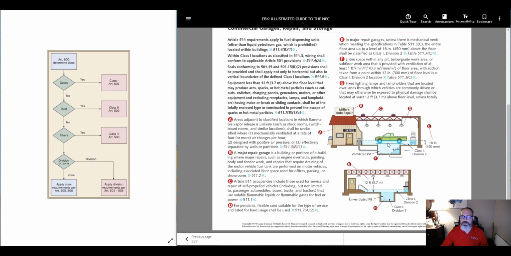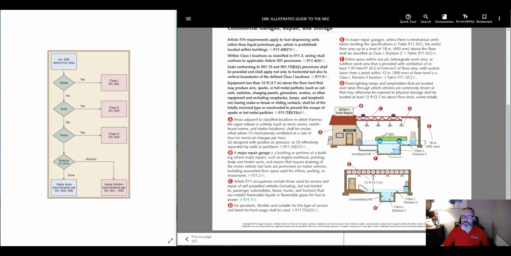And here goes this three-dimensional layer. Now, if it is an unventilated pit, that now becomes a Class 1 Division 1. And then above that pit, you would have a Class 1 Division 2. And so again, this is that concentric layer. Concentric is related to a circle, but giving you the idea, they're layers as they go out.